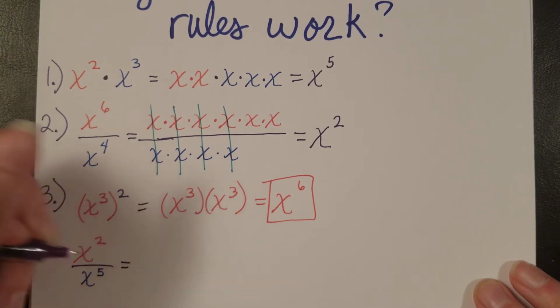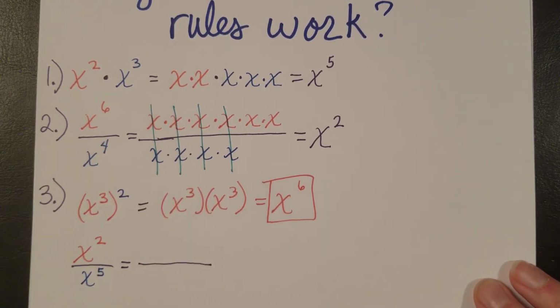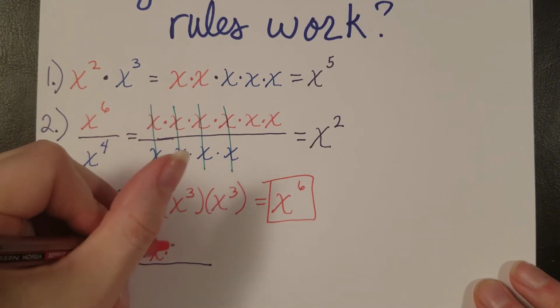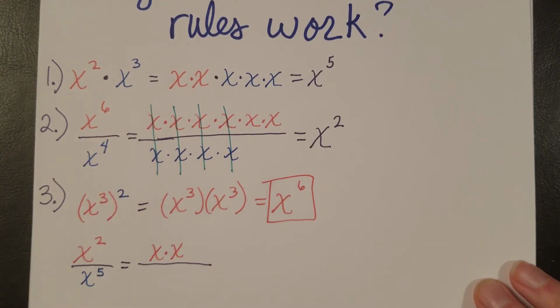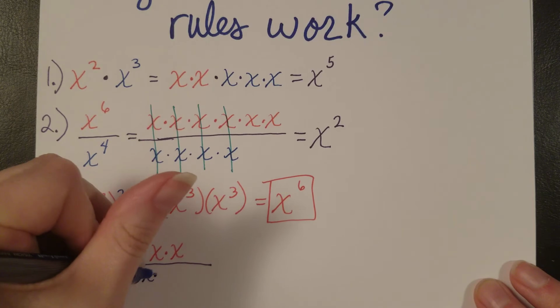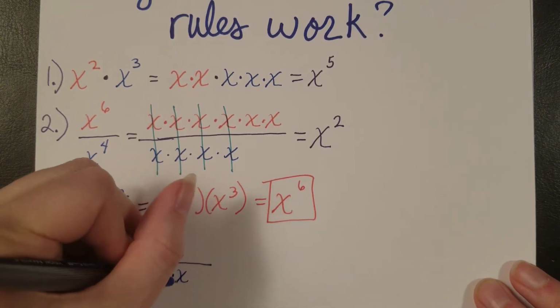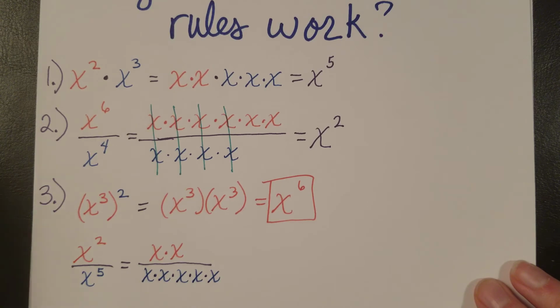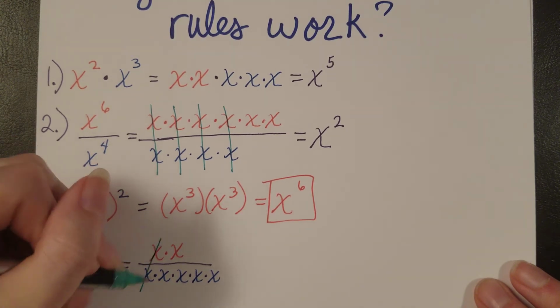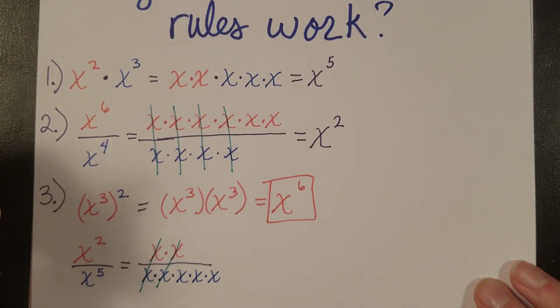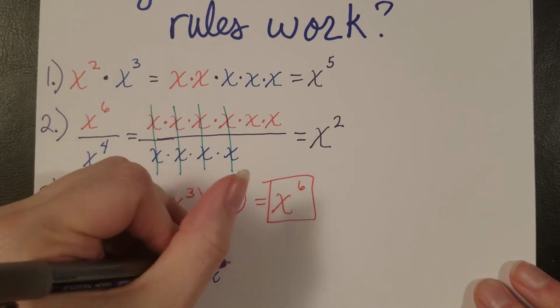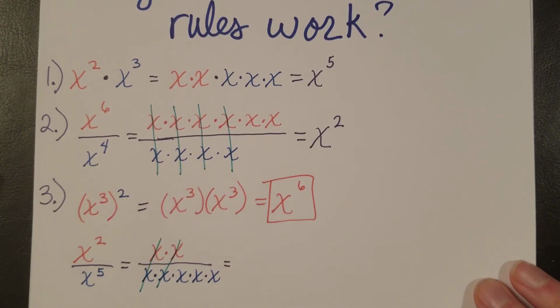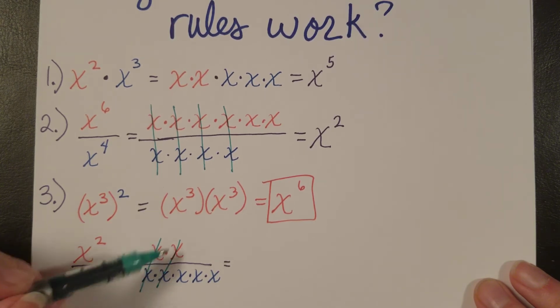All right, so x squared is x times x. And then x to the 5th, we've got 1, 2, 3, 4, 5. And then we cancel, cancel. So when we cancel those, what we're really saying is x goes into x one time. x goes into x one time.